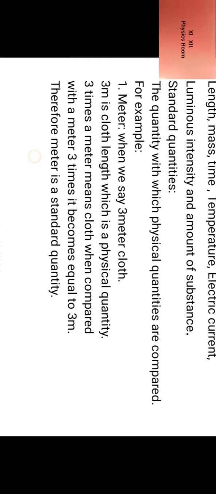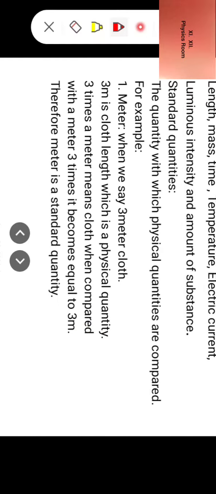When we say 3 meter cloth, 3 meter is the cloth length, which is a physical quantity. 3 times a meter means the cloth when compared with meter, 3 times, becomes equal to 3 meter. Therefore, meter is a standard quantity.